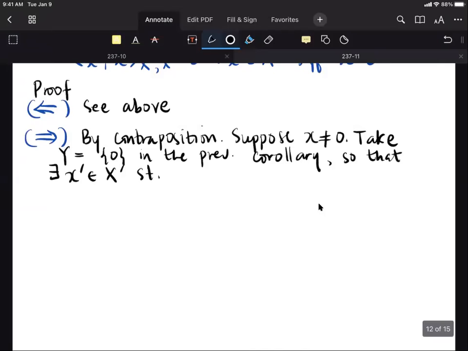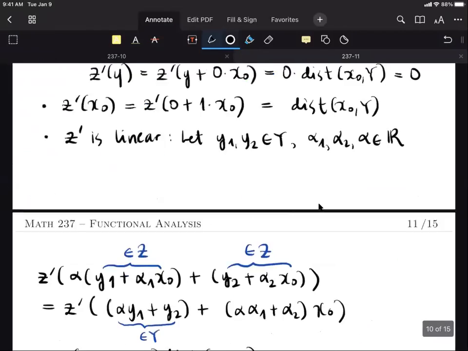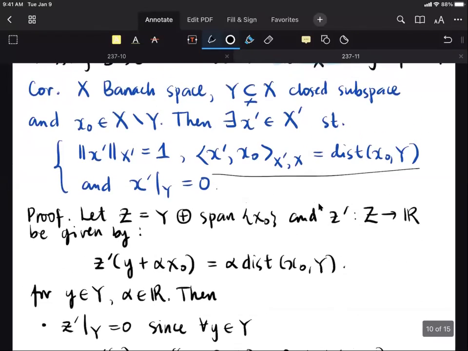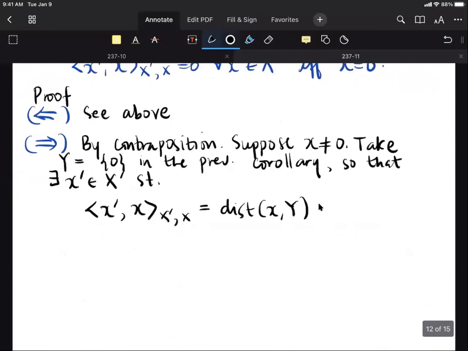Namely, x prime of x, the duality pairing, as we said, is the distance of x and Y. So going back to the statement of the previous corollary, we use this with x naught equal to x.